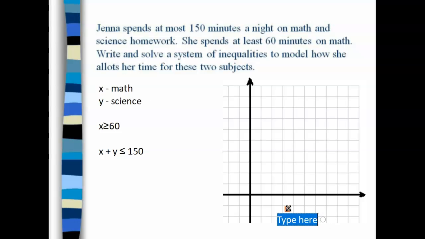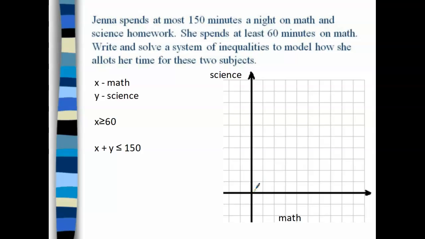So I'm going to label my x-axis as math. I'm going to label my y-axis as science. And if I go by tens, 10, 20, 30, 40, 50, 60, 70, 80, 90, 100, I'm 50 short, so I'll go by 20s.